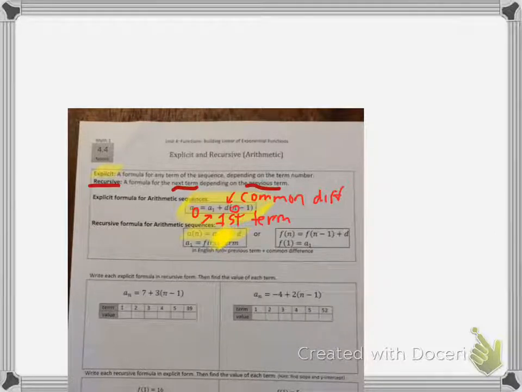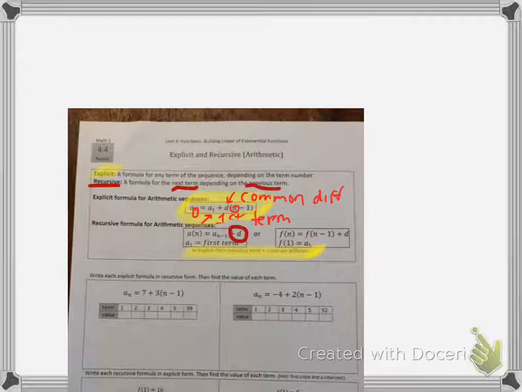How did I know it was going to be the 99th term? Because it said the number minus 1. So if I'm looking for the 100th term, I'm going to use the 99th term and then add the common difference to it. So in English, the previous term plus the common difference finds you the next term.